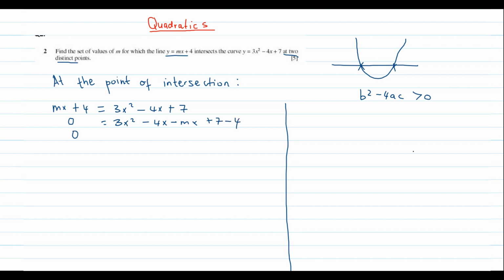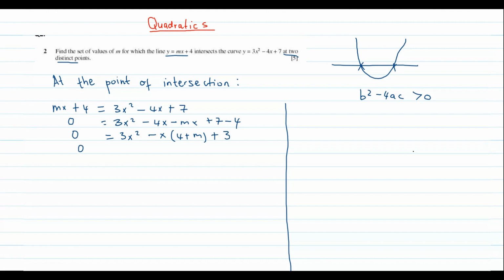Then here we have 0 equal to 3x squared. We have a negative 4x and a negative mx, so we can factor out a negative x here, leaving 4 plus m. Then 7 minus 4 will give us 3.